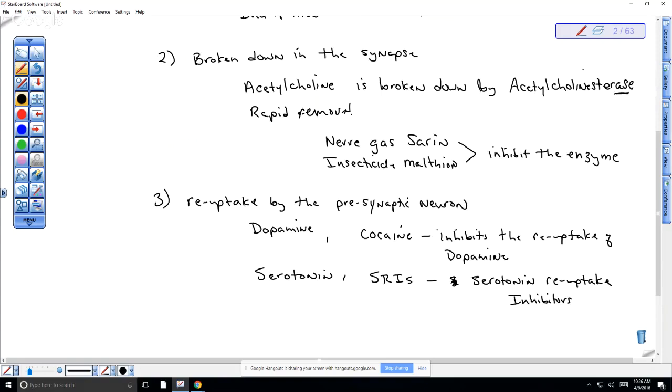So these tend to be antidepressants. Not all antidepressants are SRIs. But for example, some of the name brands that you might have heard would be like Prozac, Celexa, and Zoloft. So what that means is the serotonin stays in the synapse longer.